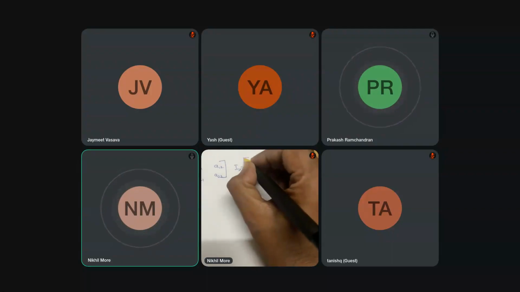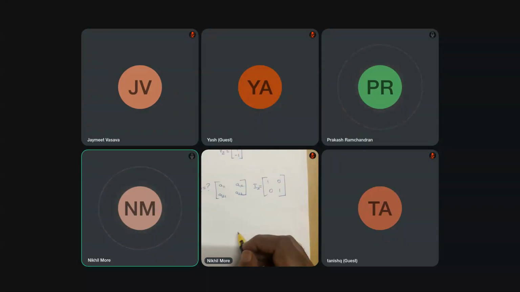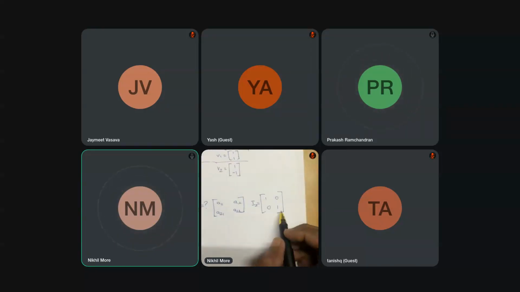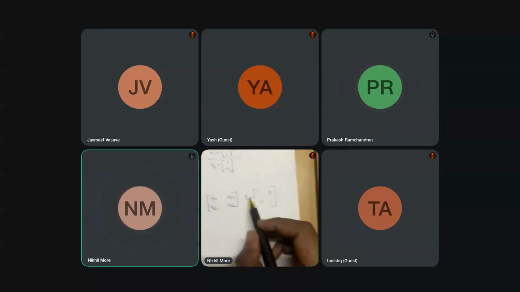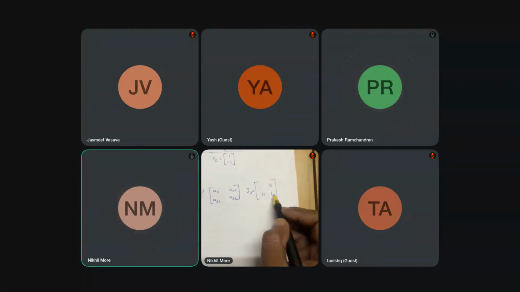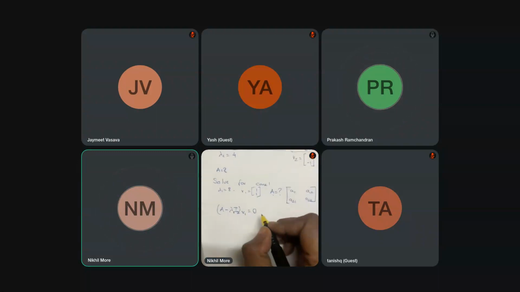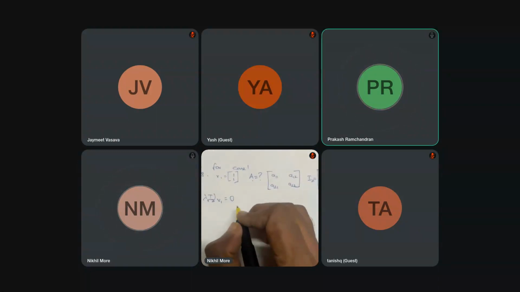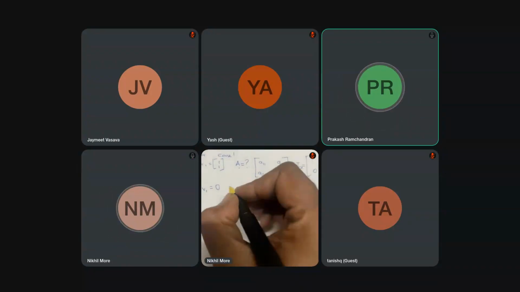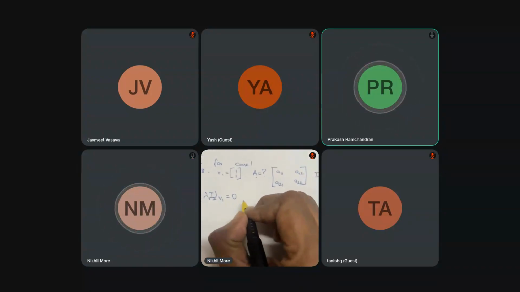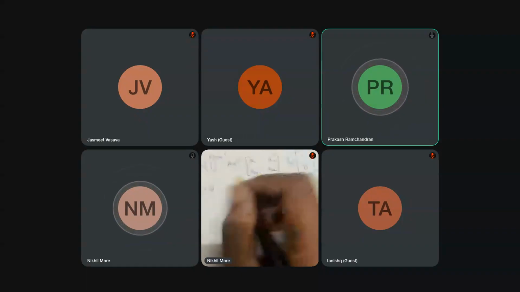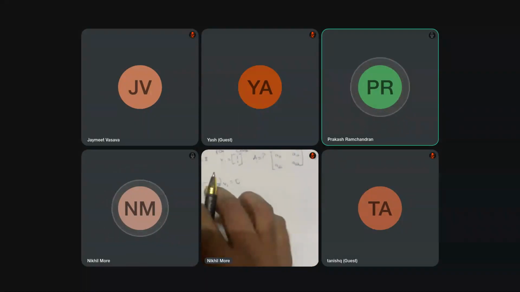The identity matrix is defined as the matrix where the diagonal elements are 1 and all the other elements are 0. So we call it diagonal being 1, off diagonal being 0. Now we'll replace whatever we have into this equation.